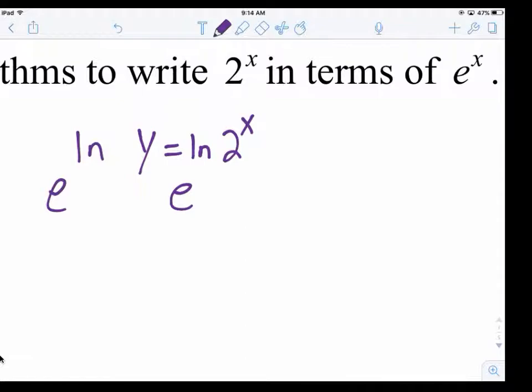right? What I'm left with is y equals, because e and the ln cancel out, e to the ln of 2 to the x, right? So what we want is to use this on this side, so we don't want to eliminate it for right now.